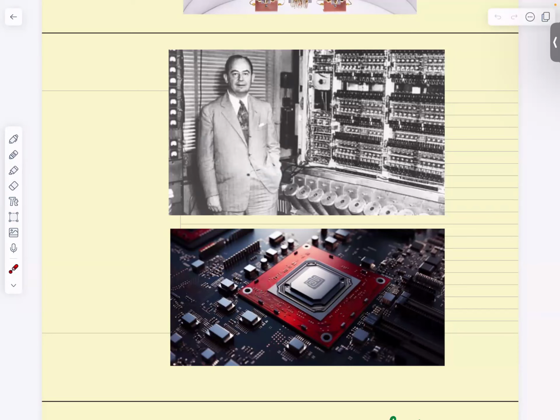John von Neumann, the person who wrote the foundations of quantum mechanics. And this is modern, right? 70 years or so later. This chip has billions and billions of transistors that are visible in that picture.